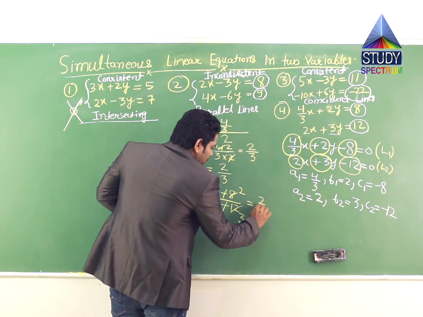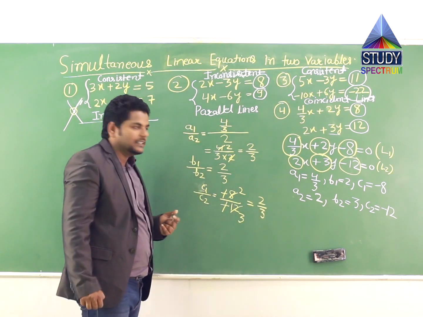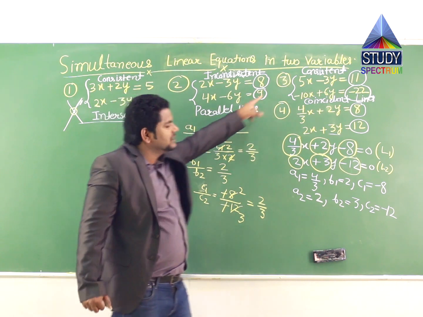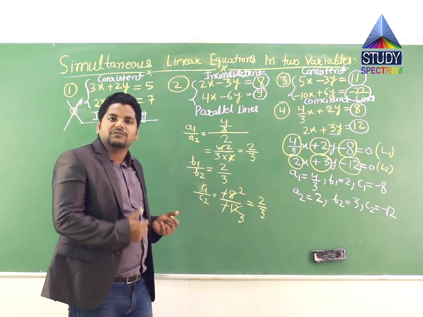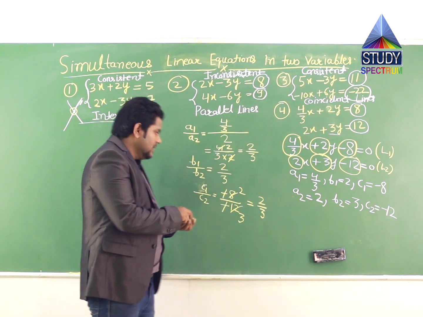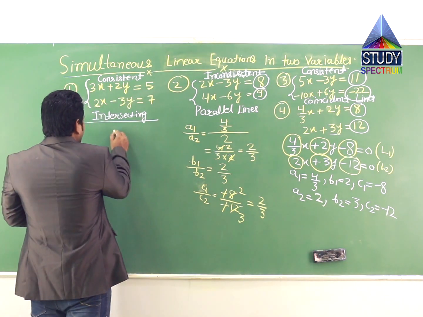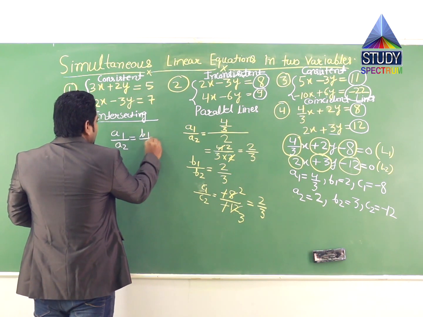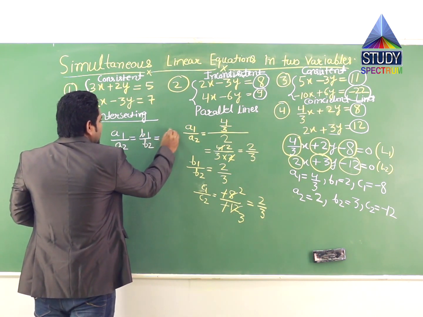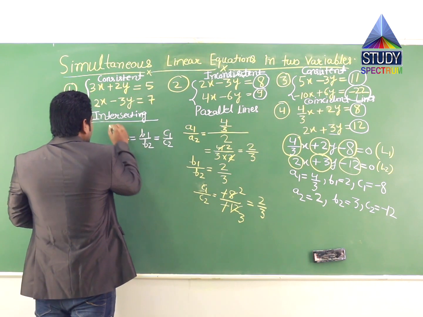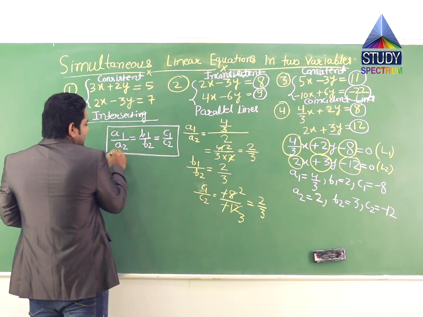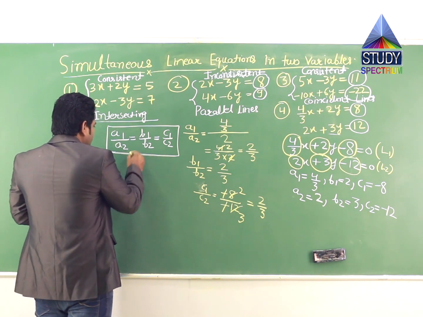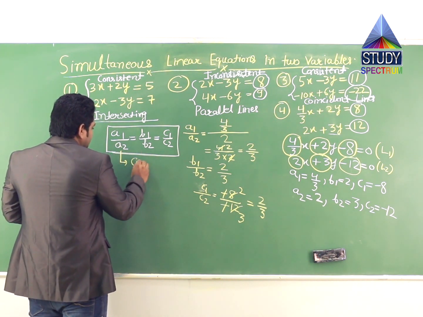So it is again 2 by 3. In this case also, as in question number 3, we have got all respective coefficient ratios equal. So A1 by A2 is equal to B1 by B2, and these two are equal to C1 by C2. This condition indicates both lines are coincident lines.